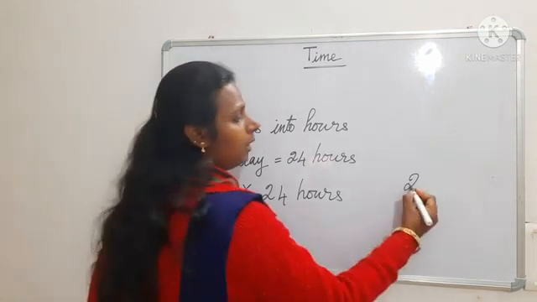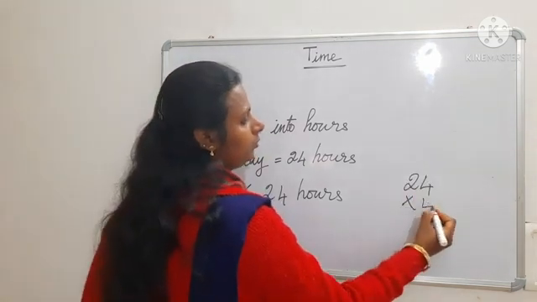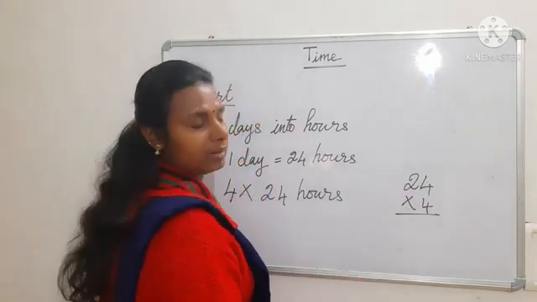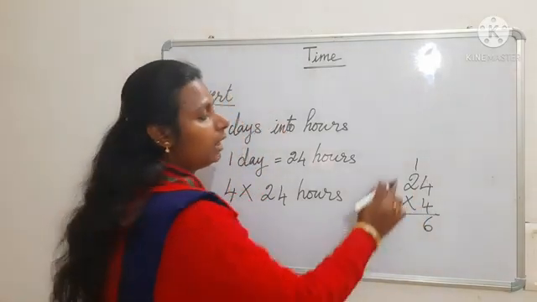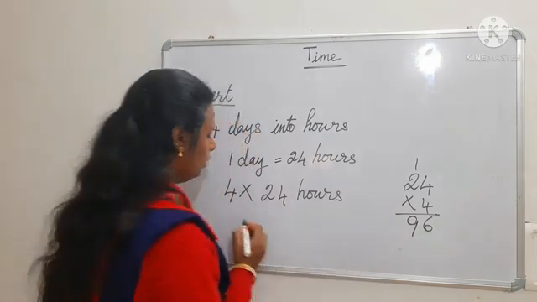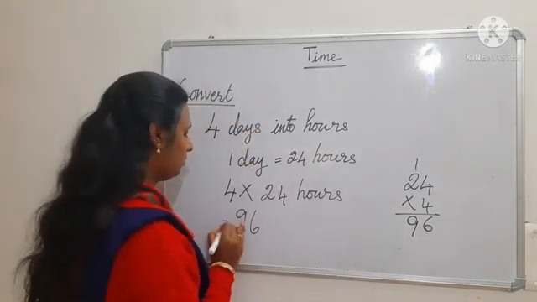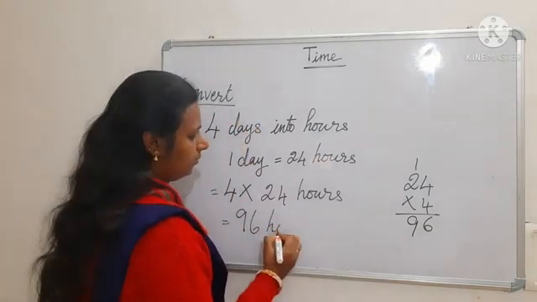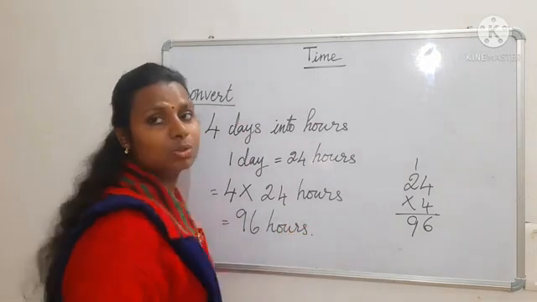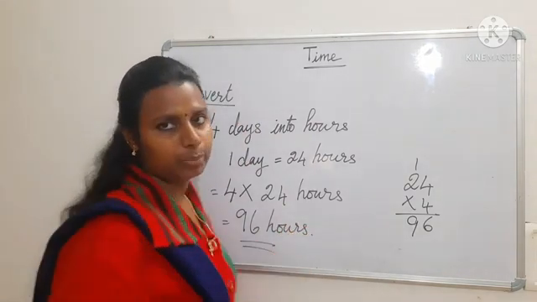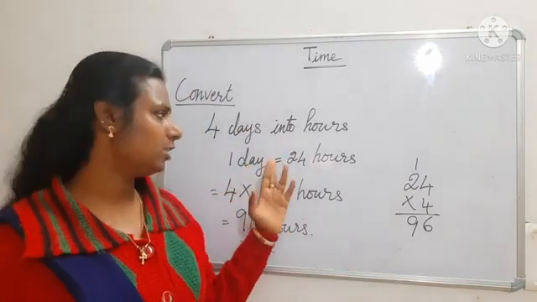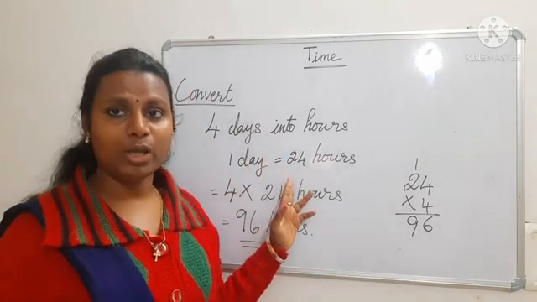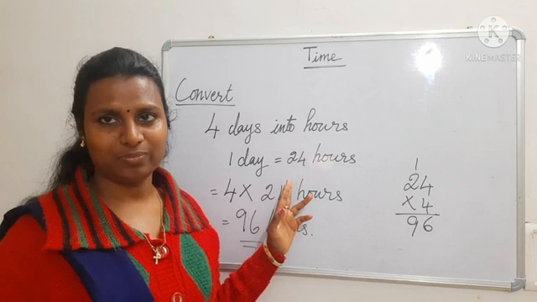So you can multiply like this. 4 4s are 16, 1 carry, 4 2s are 8, 8 plus 1, 9. So 96 hours. So this is the answer. Very simple. Whatever the units or measures can be, the first step is to write the measures.